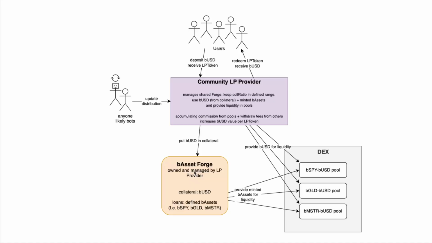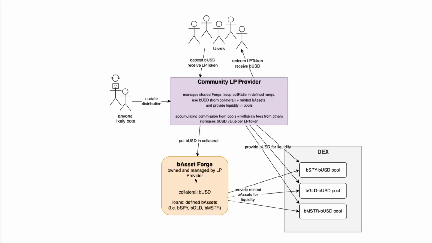They define the first 5 assets that they go live with, and the ratio of how they expect needed liquidity, and then anyone in the community can provide the BUSD, and internally the smart contract does all that stuff, has the correct ratio, and makes sure that this forge stays within the defined collateral ratio.